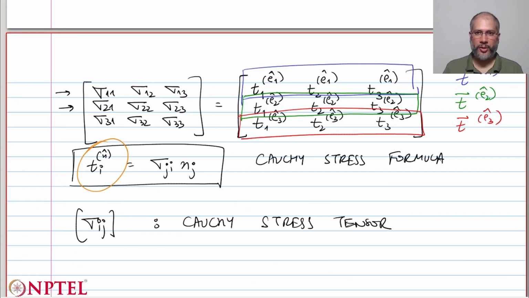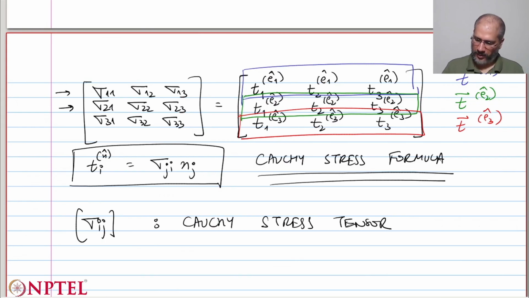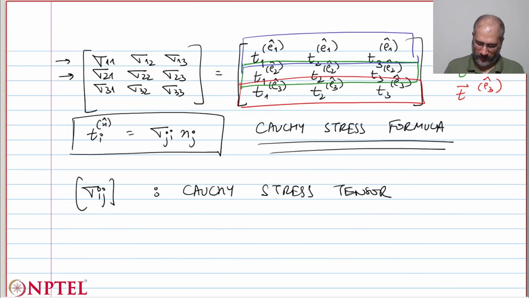So in the symbolic notation, I can write the Cauchy stress formula as the traction vector on any arbitrary cutting plane n hat as the dot product, n dotted with the Cauchy stress tensor sigma.